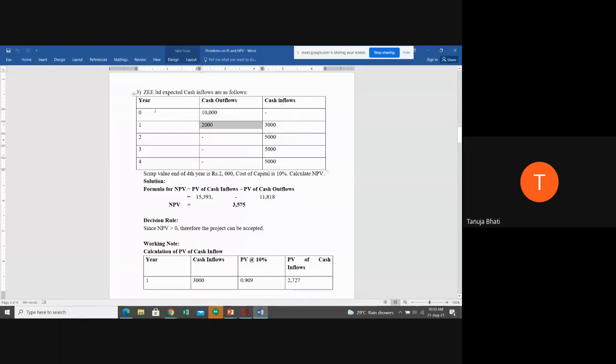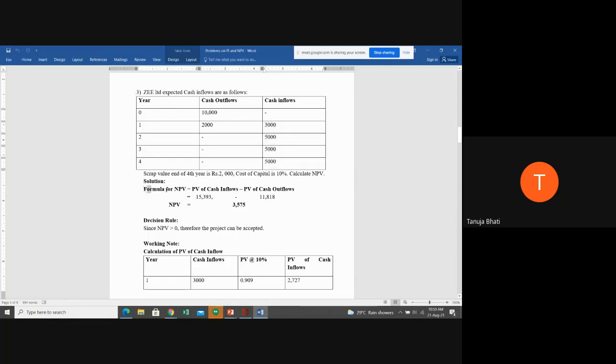You have to get it down to year 0. Again, you will use the discount rates and find it out. But this 12,000 will not be written as it is because you have to find out the PV of cash outflows. Since your inflows you're getting after year 0, that is from the first year, you're going to calculate the normal PV of cash inflows.